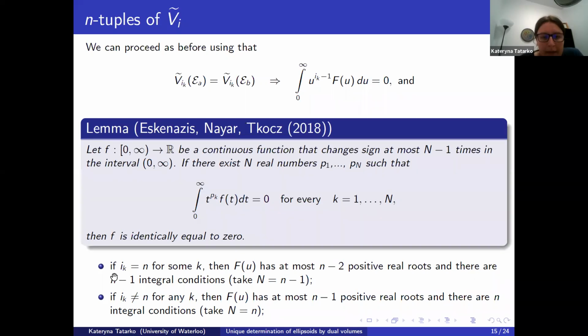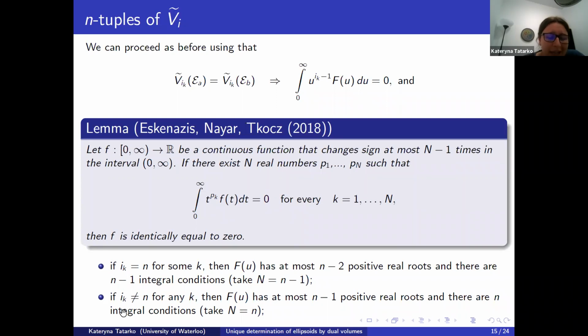This one condition, corresponding to equality of volumes, just gives us that the products of semi-axes coincide, but the remaining n-1 conditions will be written in this integral form, and all these integrals will be equal to 0. So we have n-1 integral conditions, and f can have at most n-2 positive roots. So we can apply this lemma, and it will imply that F capital is equal to 0.